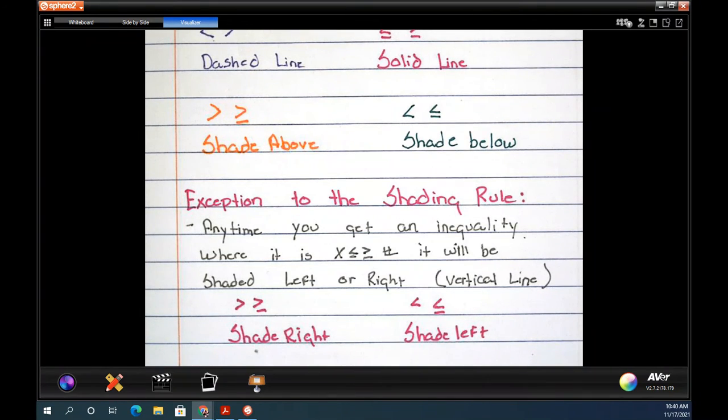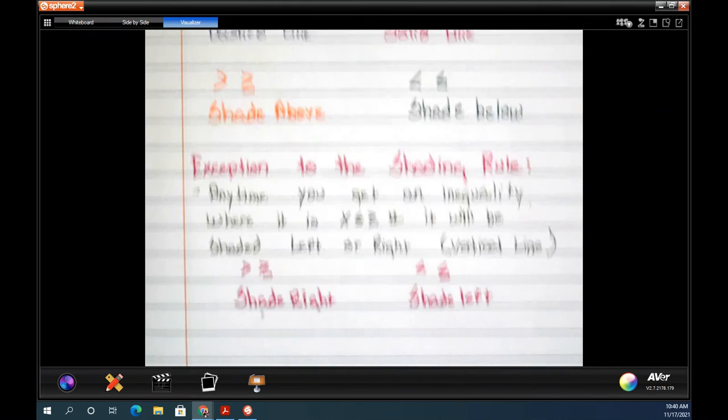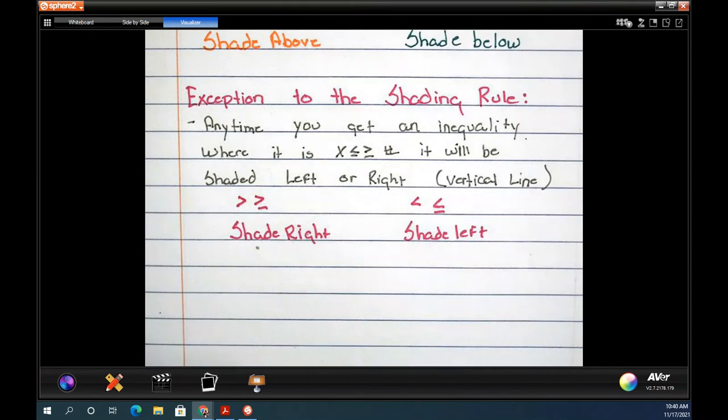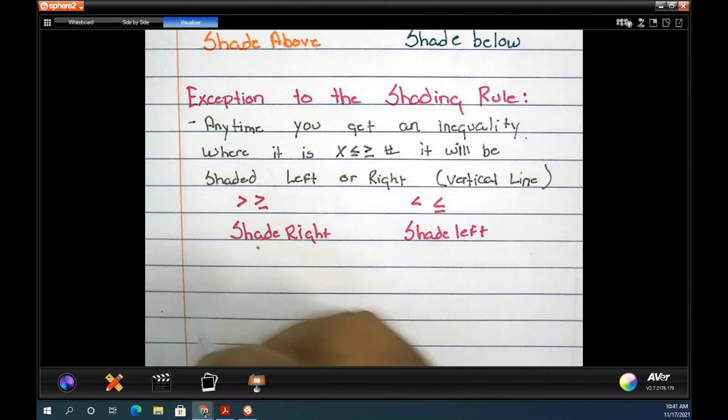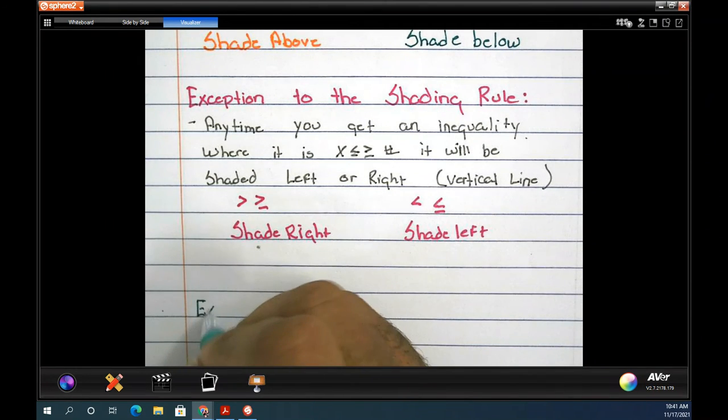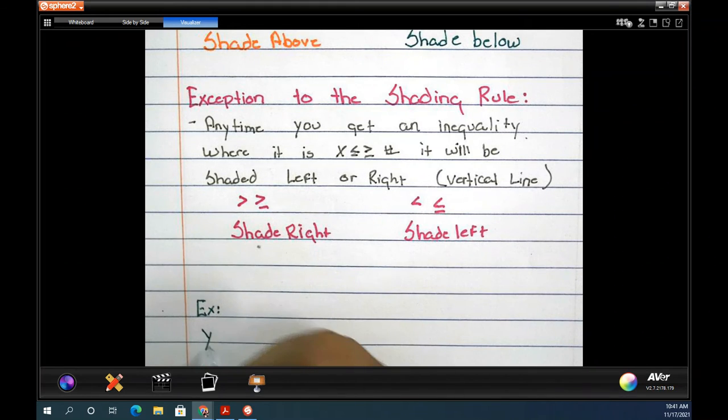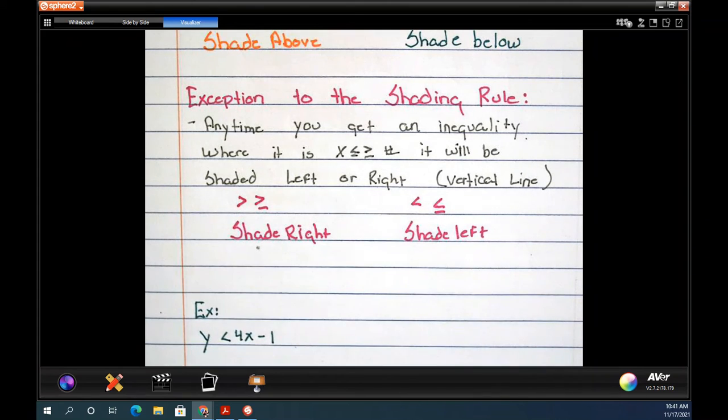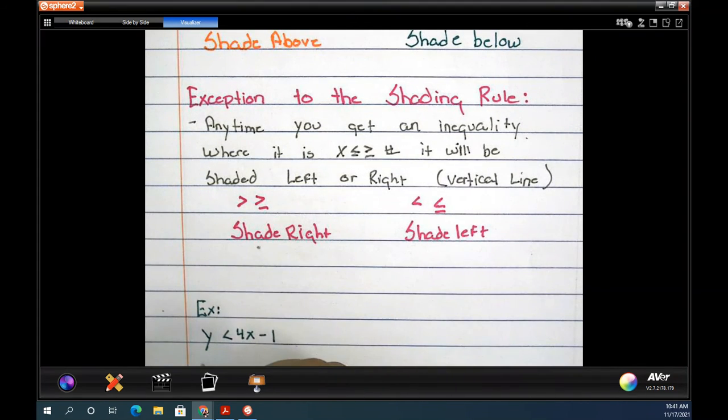Let me give you an example. Let's say y is less than 4x minus 1. Okay, here's the deal. Your y-intercept would still be 0, negative 1. And your slope is 4.